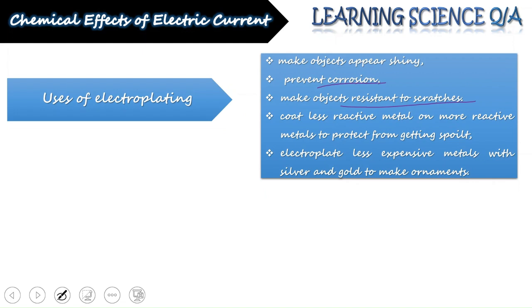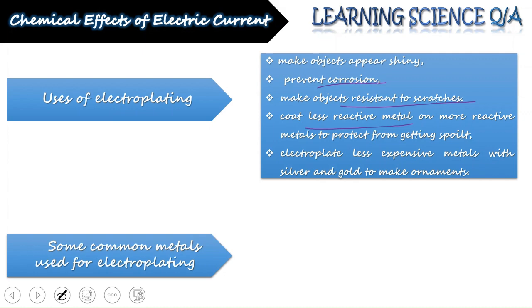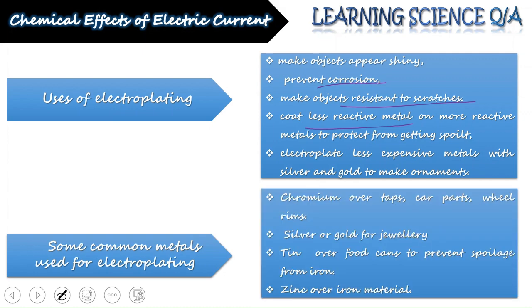Most of the time the metal which is coated is less reactive, so it makes the more reactive metal less prone to spoilage. Many times less expensive metals are coated with gold and silver to make the ornament look costlier. Now, what are some common metals used for electroplating, such as chromium?